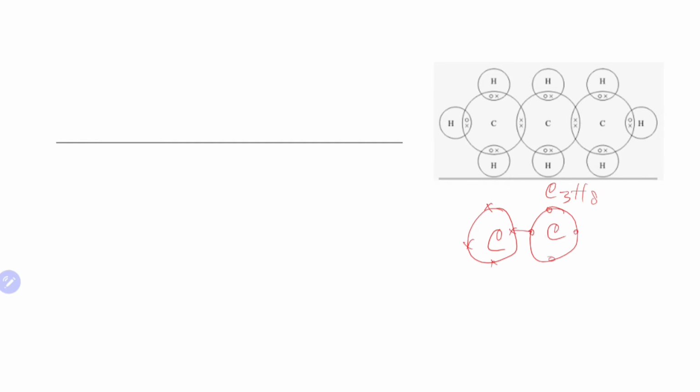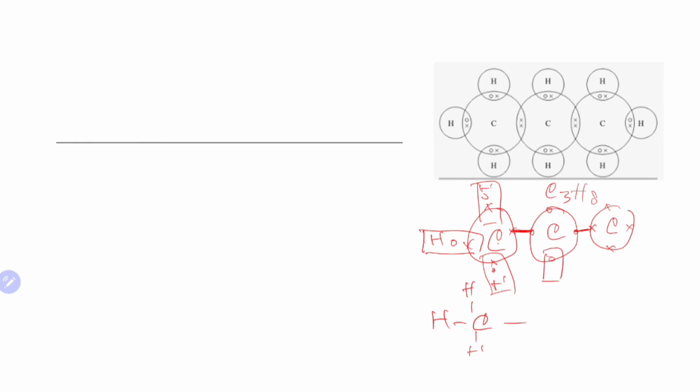So just need this to be joined, to be single, and this one with the other C. So the rest is for this C, there are 3 that will join with hydrogen. Hydrogen only has 1. This with 1 hydrogen. So this C with 3. So we can draw like this. For this, we'll need 2 like this. The rest 3, so we can draw like this.